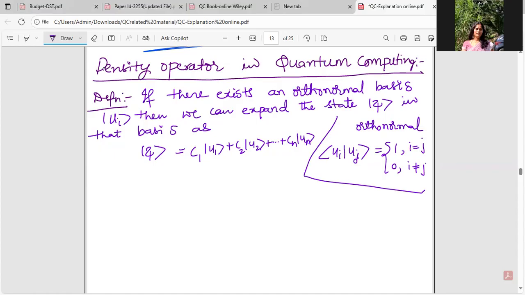Of course, there is one rule in quantum called the Born rule, which is for probabilities.